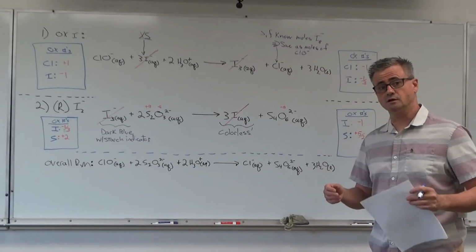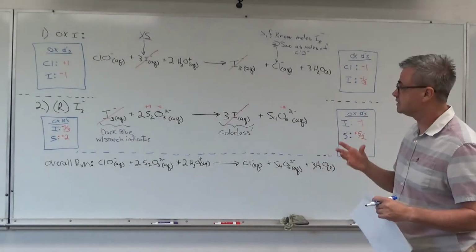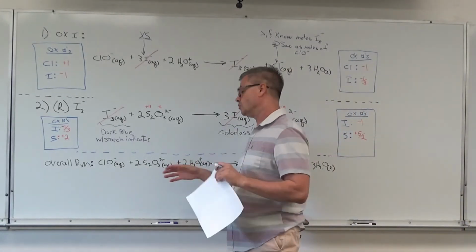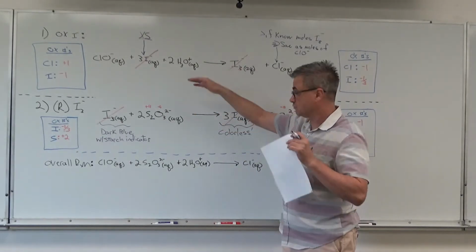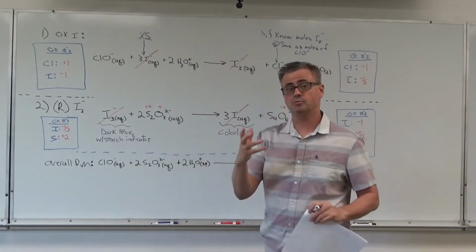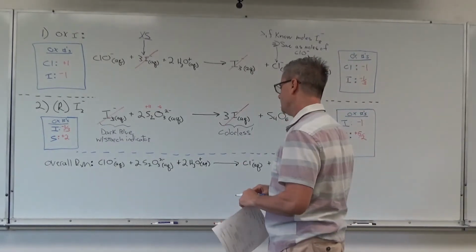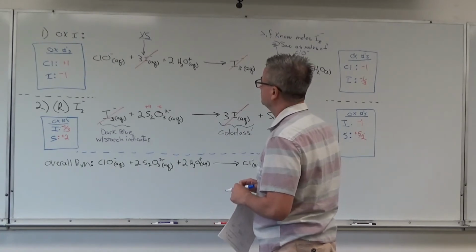When you go to do my worksheet for this, you'll see that it walks you through both processes, because I want you to appreciate that both are happening, and appreciate the stoichiometry.